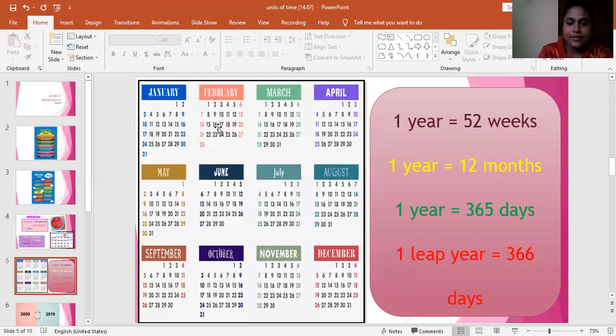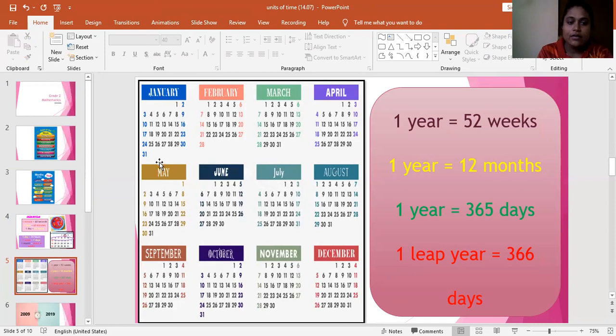And this is a photo of a full calendar of a year. Here, January, February, March, April, May, June, July, August, September, October, November, and December. All the months are there. And the dates.